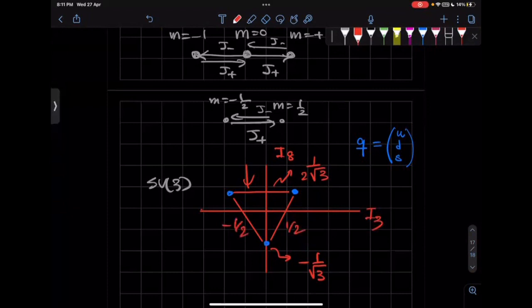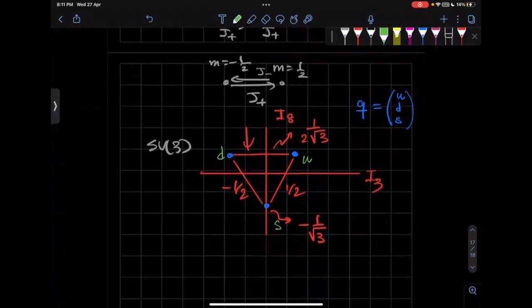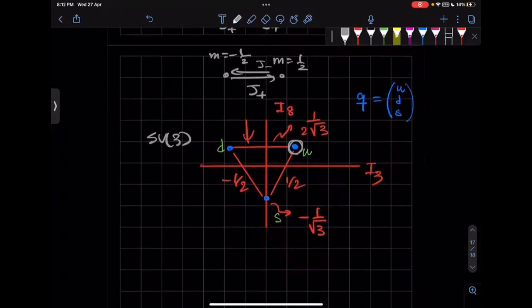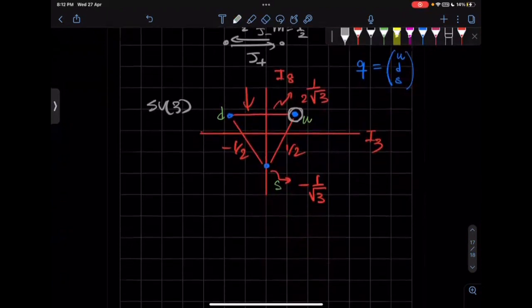Okay, so let's call this up, this is down, and this is strange. This is the fundamental, and you can start with any of these weights and then apply the raising and lowering operators to get to the other ones, right? So this is the weight diagram of the fundamental representation.